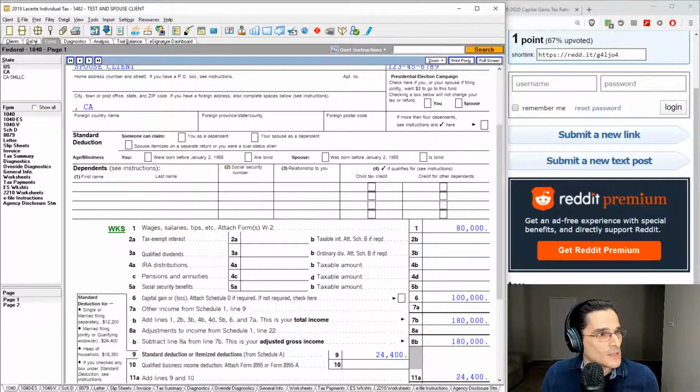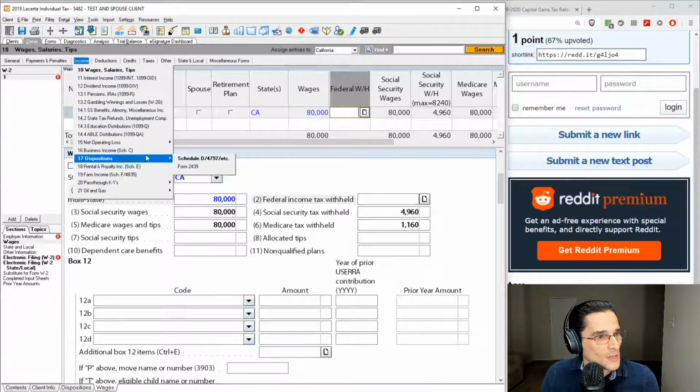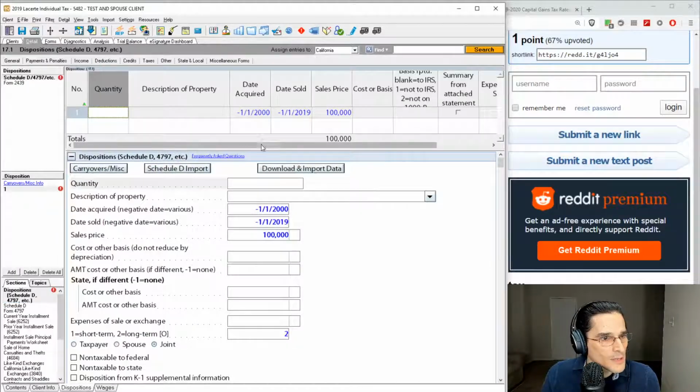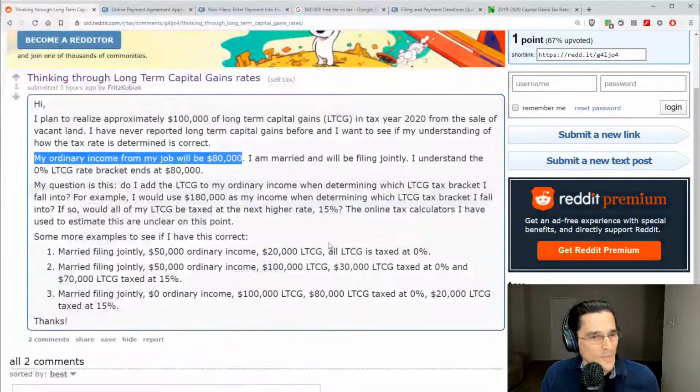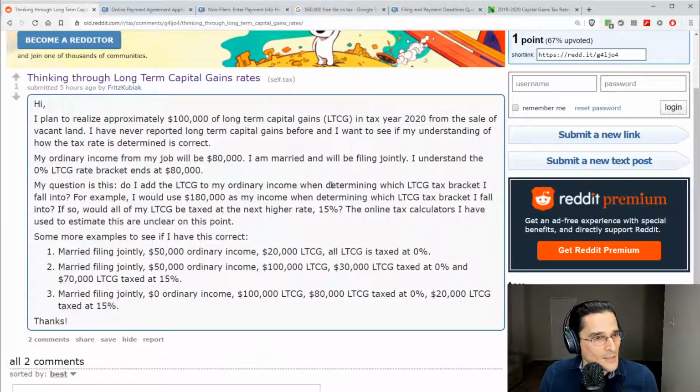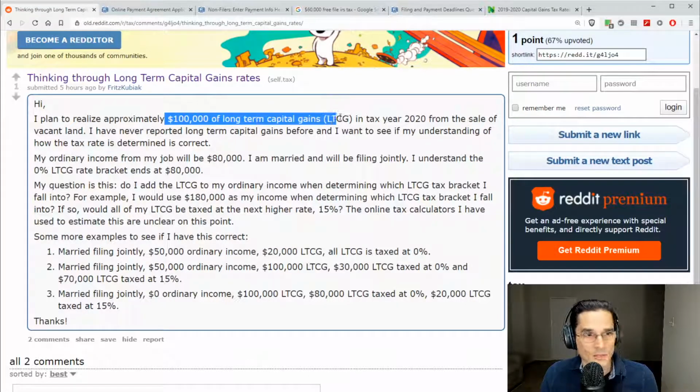We have $100,000 in capital gains. So let's just double check that that's where we are. All right, so we have here long-term, 100,000. Okay, that was in there from another example I did for a different question, but it's applicable, so we're going to keep it. So I plan to realize $100,000 of long-term capital gains in tax year 2020.